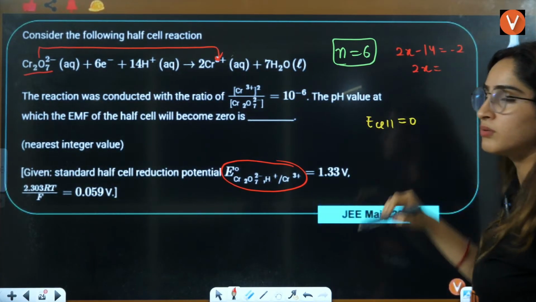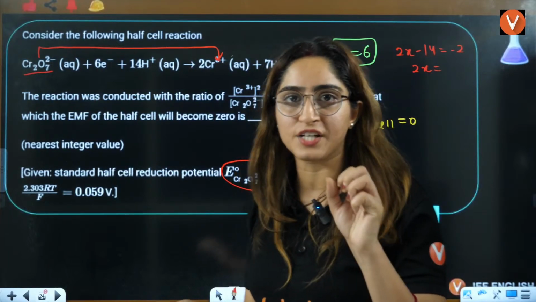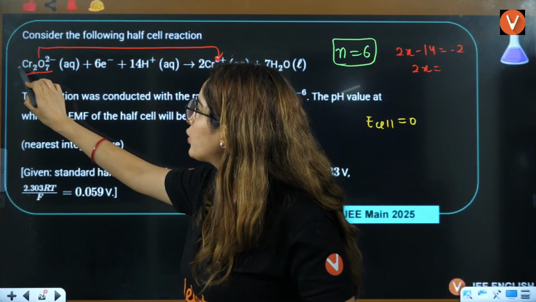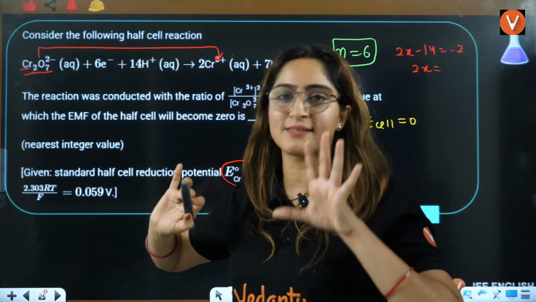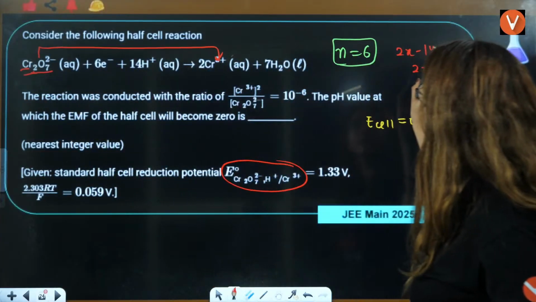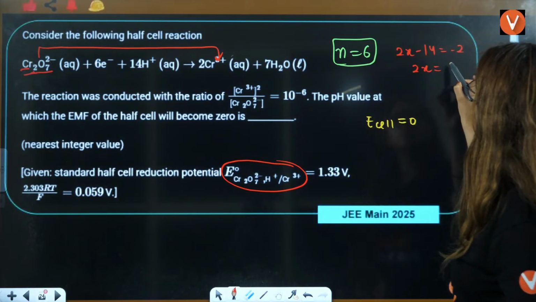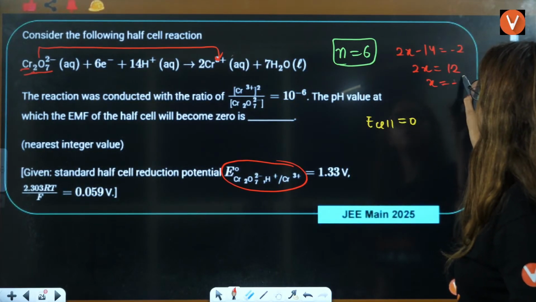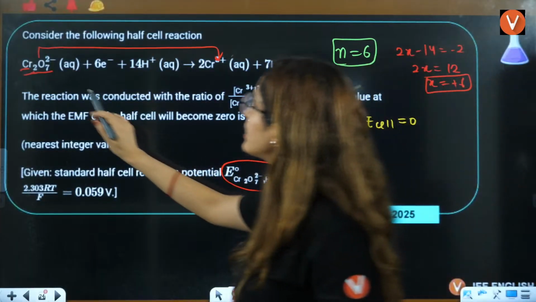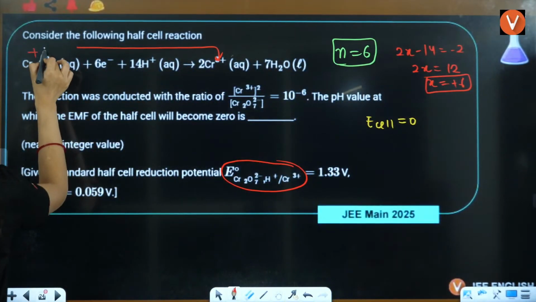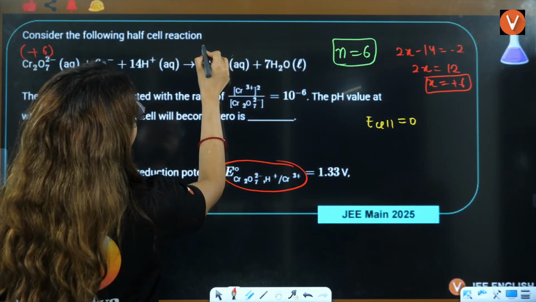Oxidation state is in redox reactions. Okay. So this is 2 into x. Chromium, I am taking it as x. For oxygen, it is minus 2. So 7 into minus 2 is minus 14, equal to minus 2. So x is equal to plus 6. So here it is plus 6 and here it is plus 3.